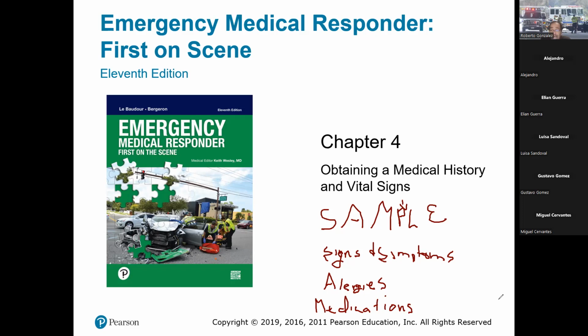If they're taking hypertensive medications, then they might have a history of hypertension. So they're like cheat sheet notes. That's why you have to ask these questions.